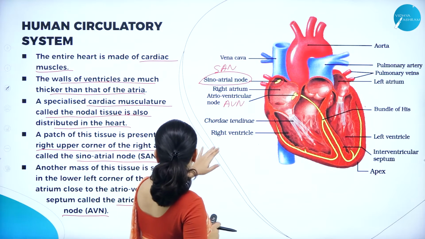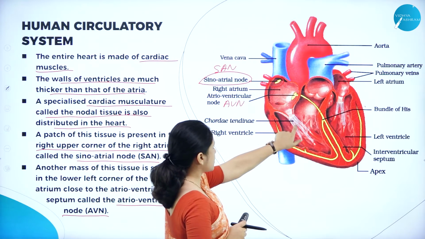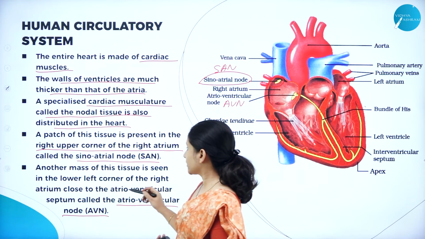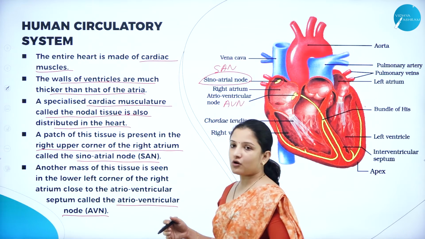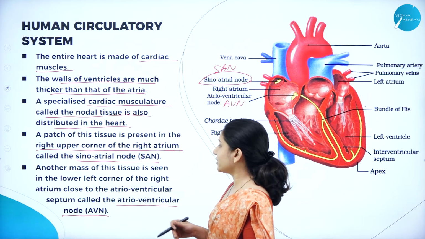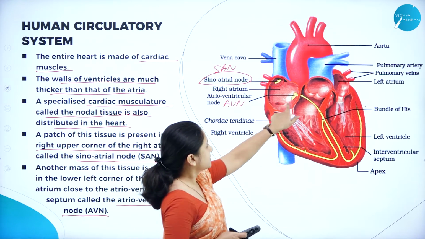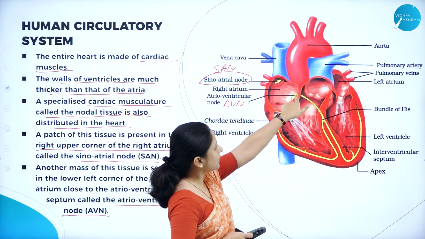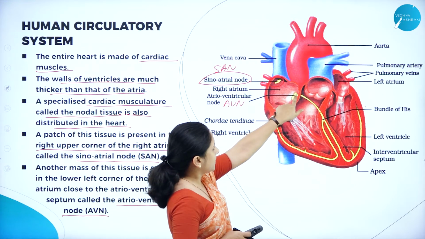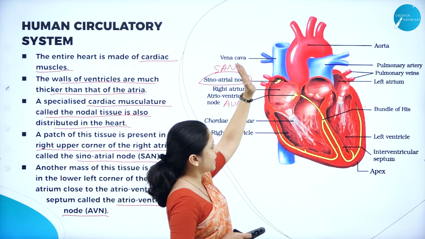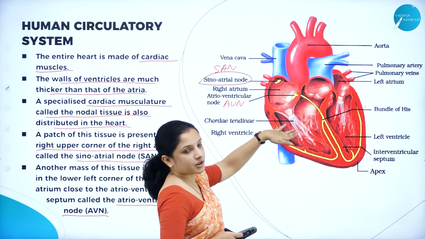It is present in the ventricular region. The atrioventricular node, if you can see, is present in the left corner of the right atrium, close to the atrioventricular septum. It is present in between the atrioventricular septum, that is the septum which divides the right atrium from the right ventricle.